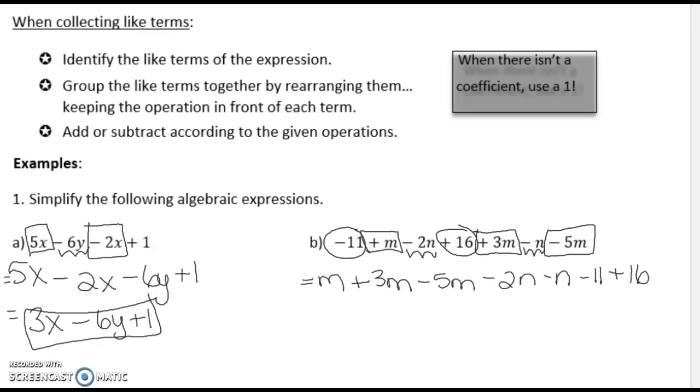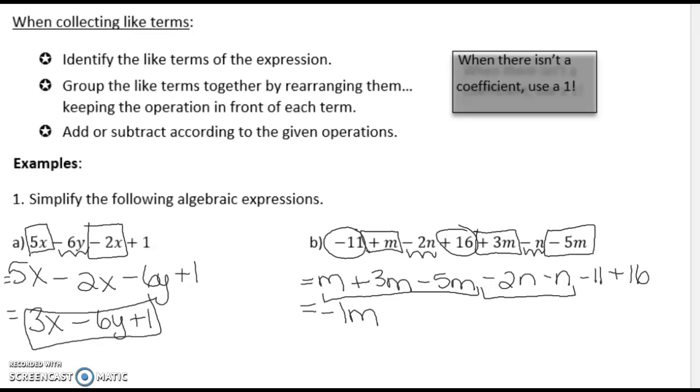So we just grouped our like terms together. Now we're going to add or subtract according to the operations. 1m plus 3m gives us 4m's. 4m's minus 5m's gives us negative 1m. Now we're going to look at our n's.